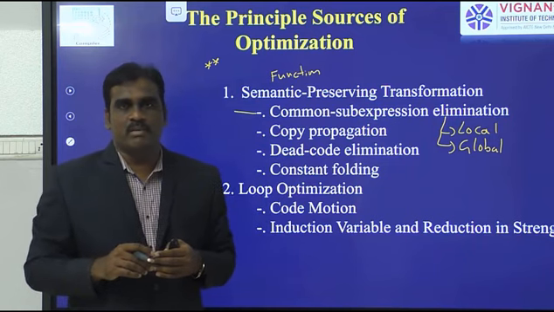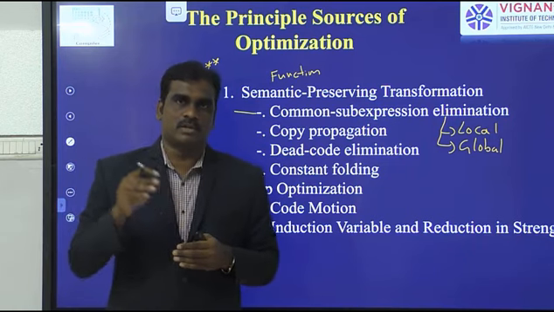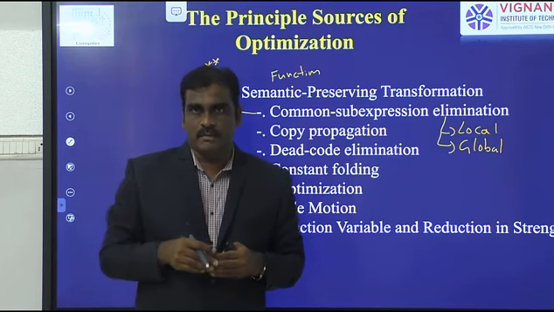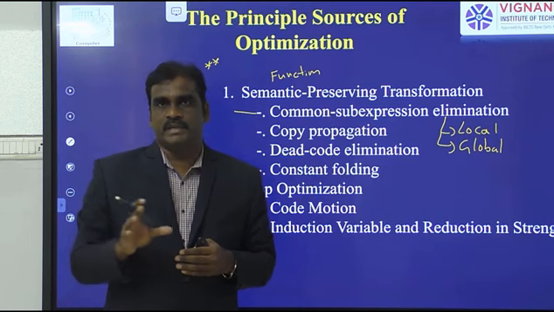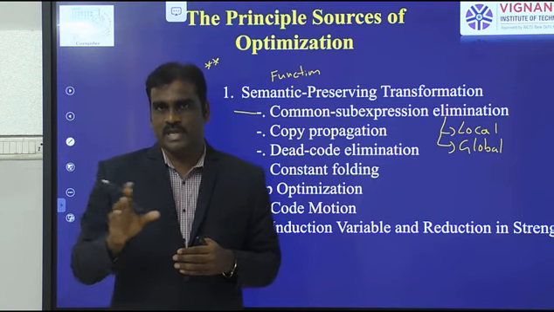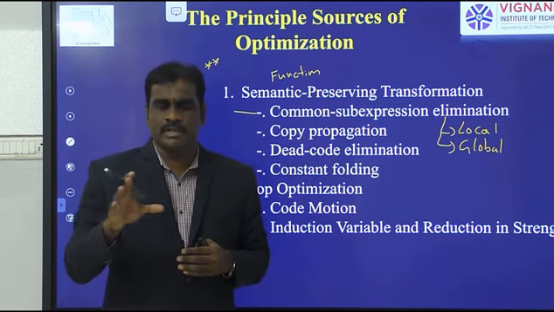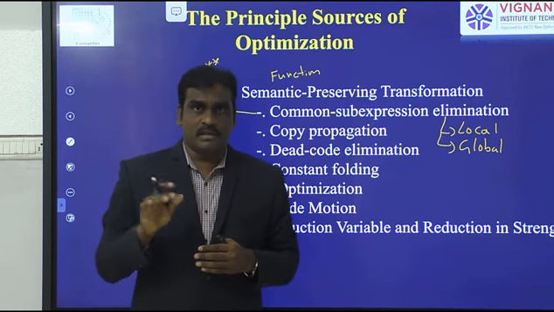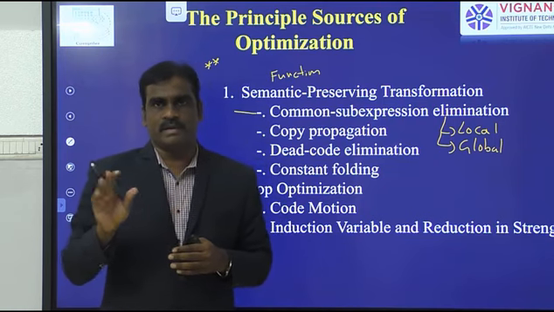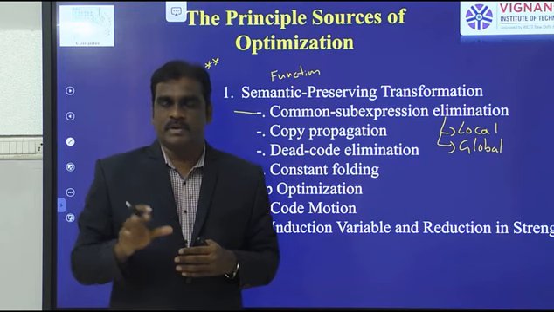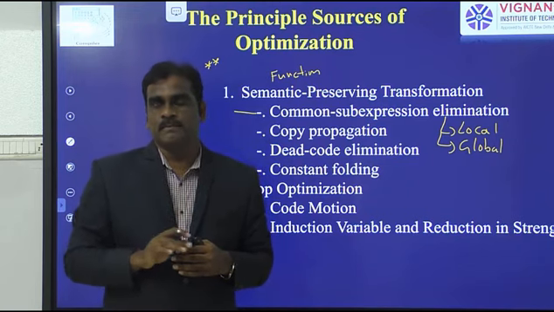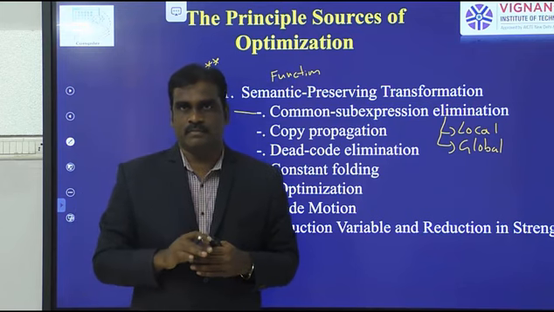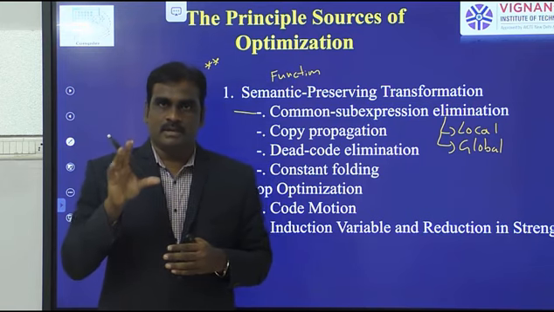Whenever we take global, it is compared from one block to another block. So take block 1 and compare it with block 2. Check whether the instructions are the same or not. If the instructions are the same and the values are also the same, then we have to eliminate it. Suppose the instruction is the same but the values are different, then we need not remove the instruction.